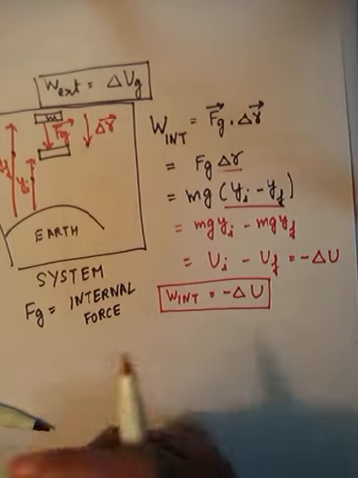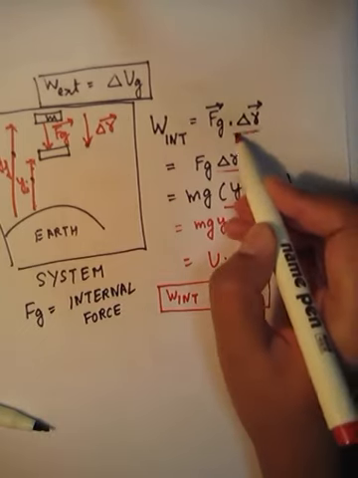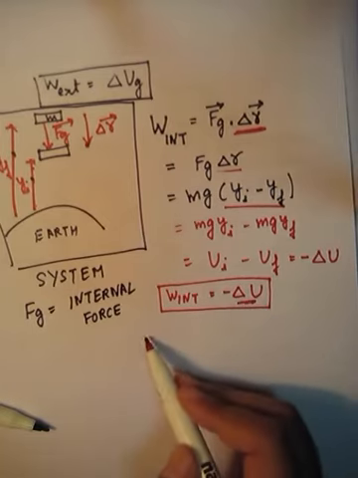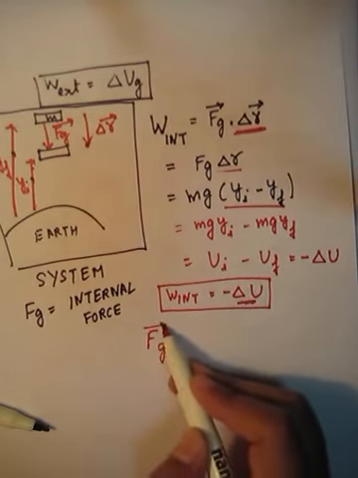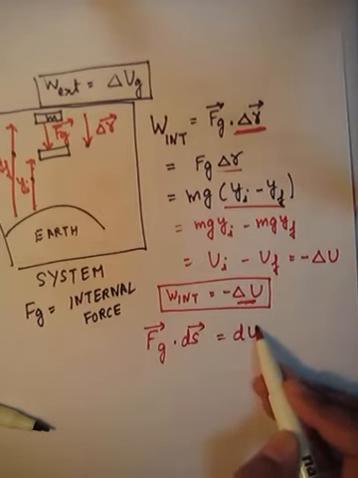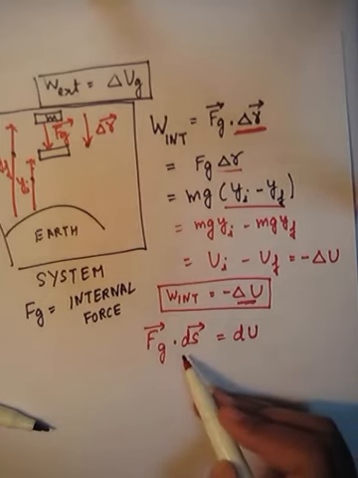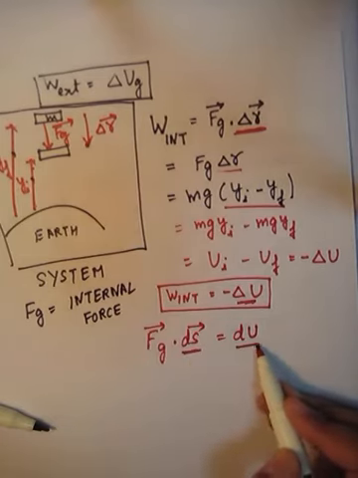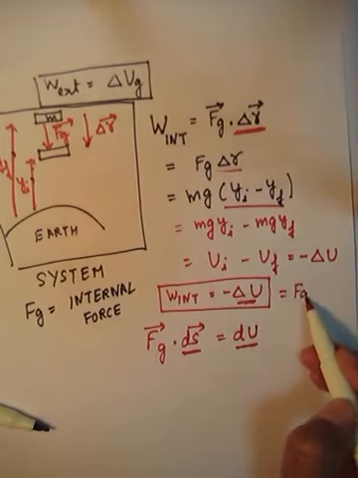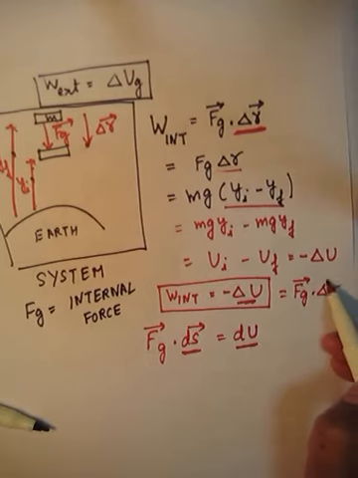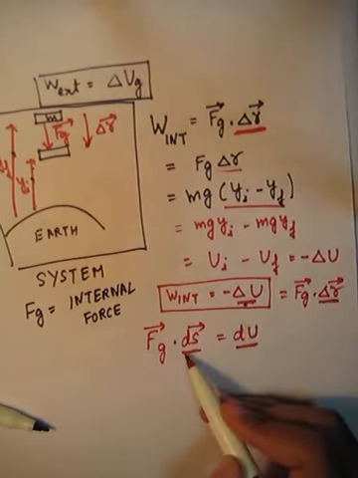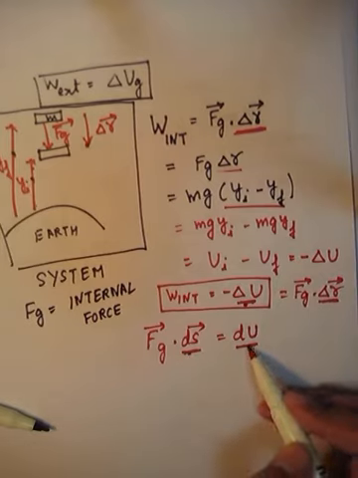Okay. Now because here we are using this delta R, we get delta U, but instead if I write Fg vector dot displacement in a derivative, then it will be dU. Okay, if it is a derivative here, we'll also have to take a derivative here, while in this case it is Fg vector dot delta R vector, so we are using delta here, but if it is d derivative, we'll have to use dU here.